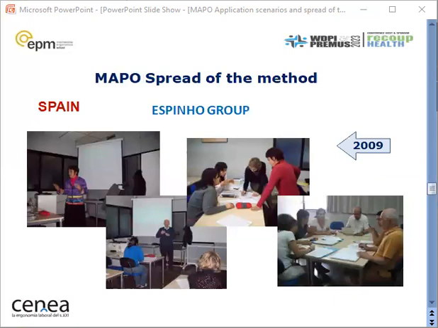One of the first countries where the spread of the method began was Spain, where a group of experts in ergonomics and professionals from the hospital sector, along with the Italian authors, was set up and formed the Spino Group. This group carried out the work of translating and adapting MAPO to the reality of Spanish institutions.